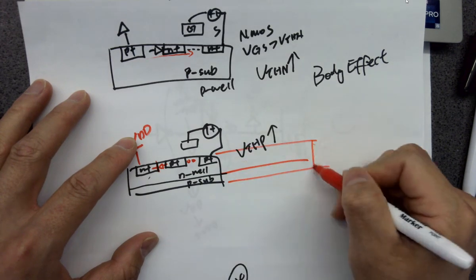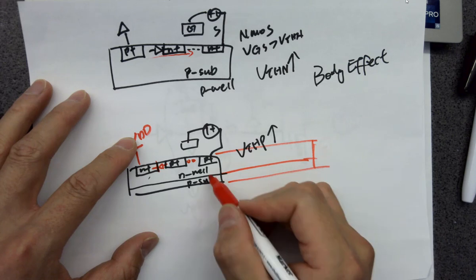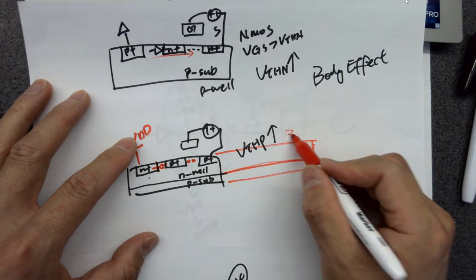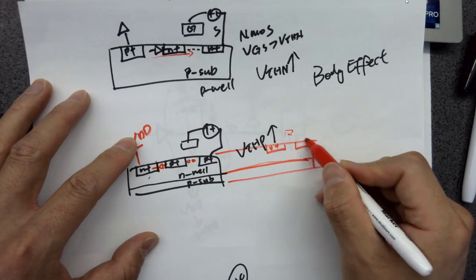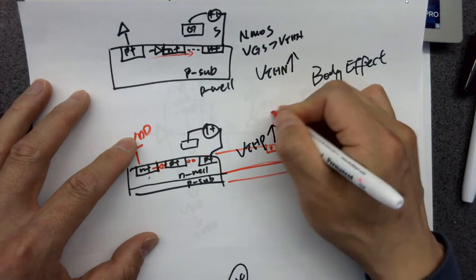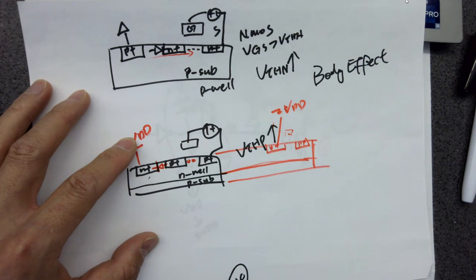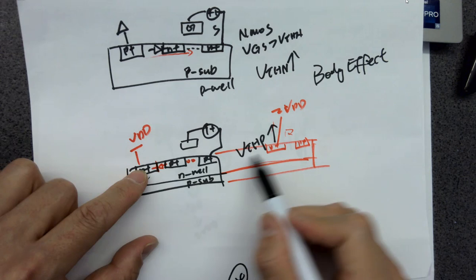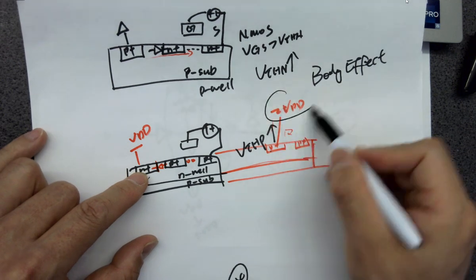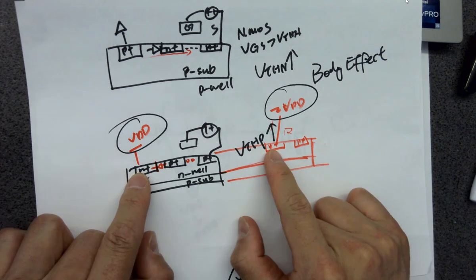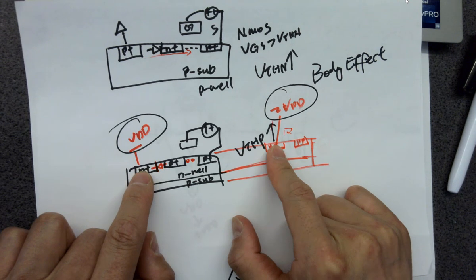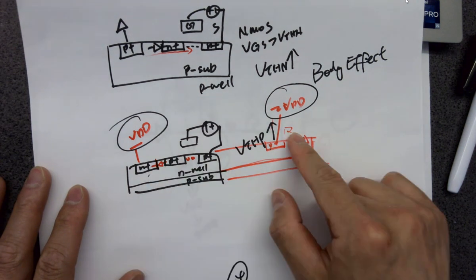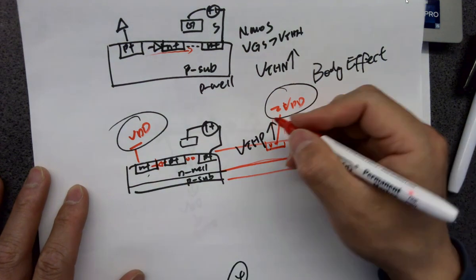If you let it share the same N well, this P plus can go up to 2 VDD. So eventually it's forming a forward biased diode, because it's 2 VDD here and VDD here. Even though it's pretty long, it's actually forming a diode. It's going to forward bias the diode here. That's a P plus. That's a P plus.